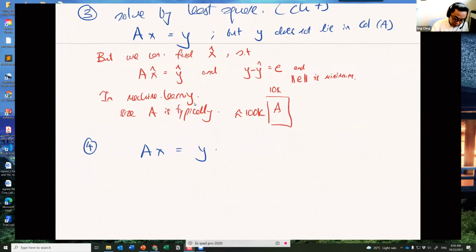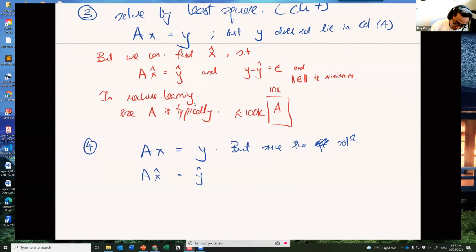How do I do that? Since the solution does not exist, we try A x hat equals y hat.